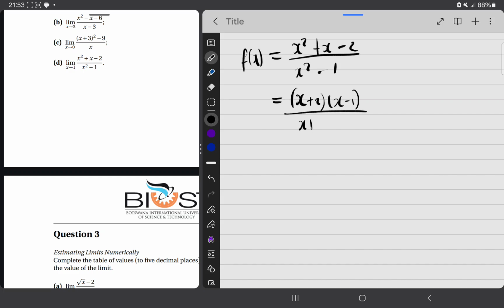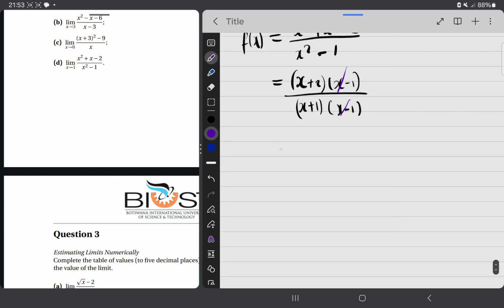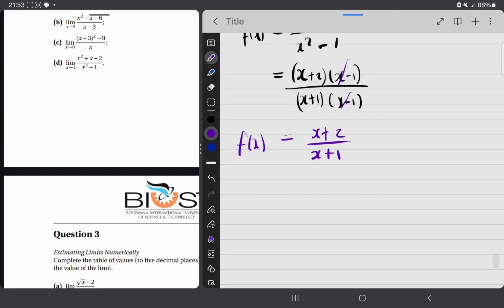The bottom is x plus 1, x minus 1, because it's a difference of two squares. And x minus 1 and x minus 1 cancel, and we remain with f of x being equal to x plus 2 over x plus 1.